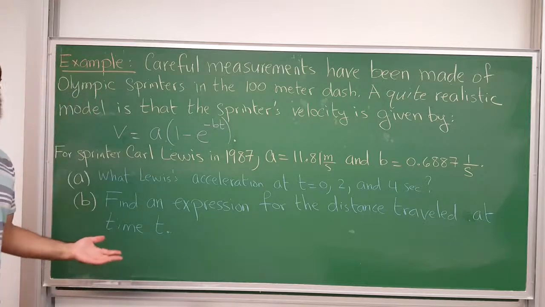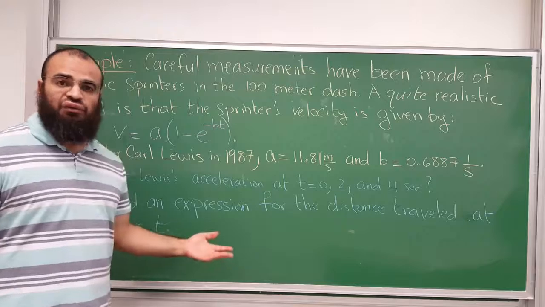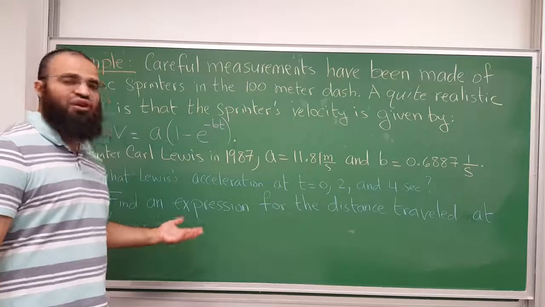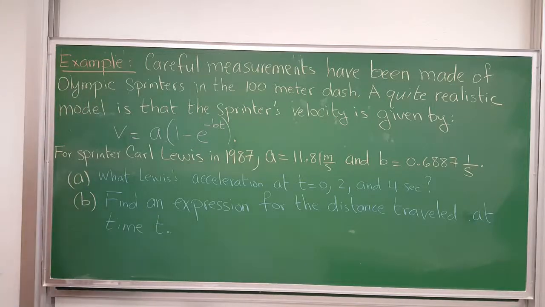Because it doesn't make sense to say e to a 7 meter, what's that? We know e to the 2, or e to the 7, or e to the 10, but not e to some dimension, meters, for example. So the question is, first, what is Lewis's acceleration at time t equal to 2 seconds?